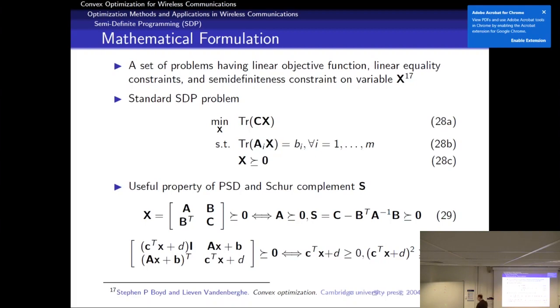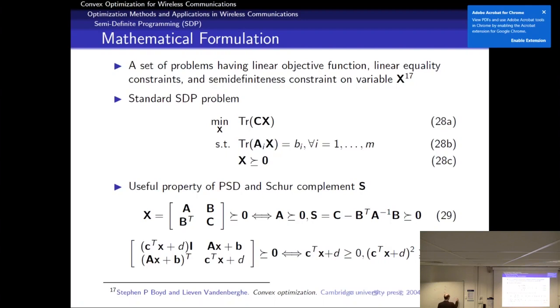So if I write this down, I have C transpose X plus D, right? Minus B transpose, so I have AX plus B transpose, A inverse, so I have the inverse of this quantity multiplied by B here, and B is this part here.